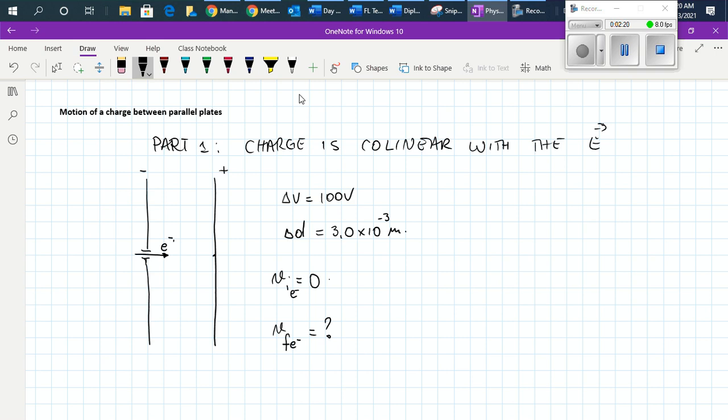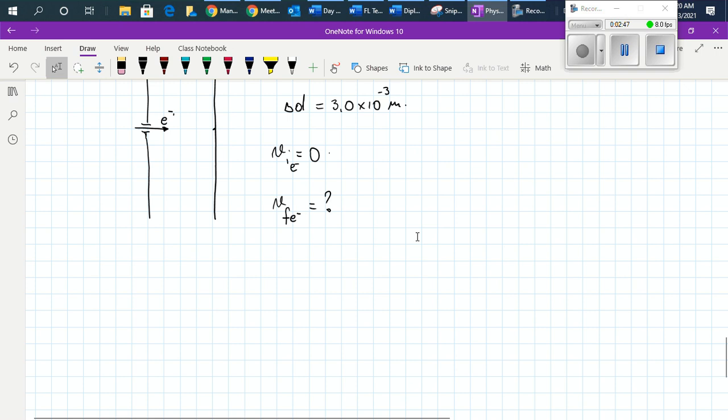Now we have studied even before that the natural flow of the electron will be to go toward the positive plate. And when we are dealing with a charge moving collinear with the electric field strength, the easiest way is to use the conservation law of energy.